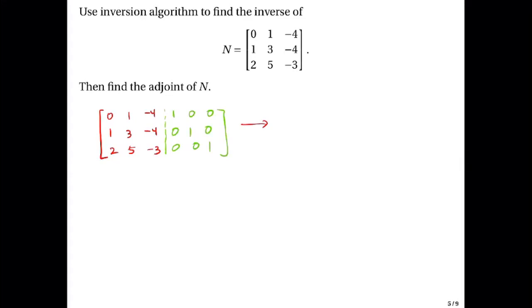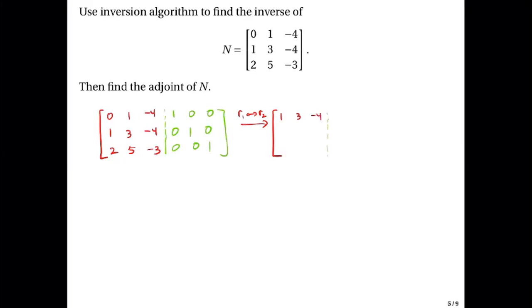So first, we can interchange rows 2 and 1 because this is 0, this is 1, so we want a leading 1. So row 1 interchange with row 2. So for row 1 now, we will have 1, 3, negative 4.